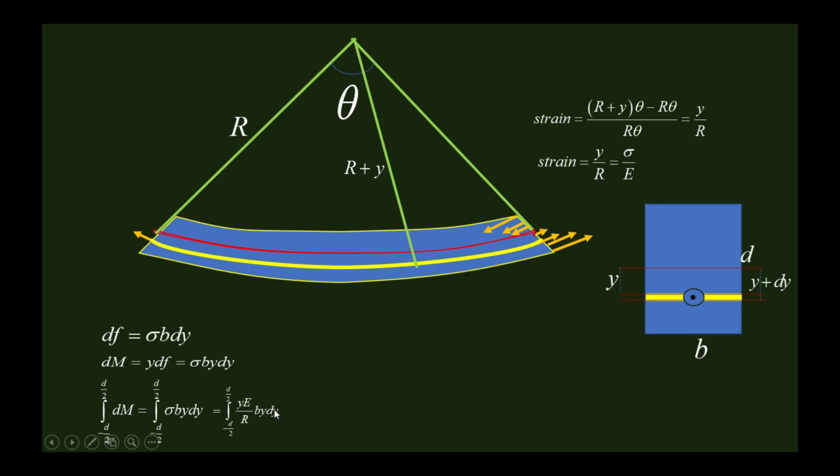Sigma we can replace from here, it is yE by r. If we solve, it comes out as E by r times b d cubed by 12. In short, we write b d cubed by 12 as capital I. So it is EI over r. This is the formula we have: the bending moment M is E times I over r.